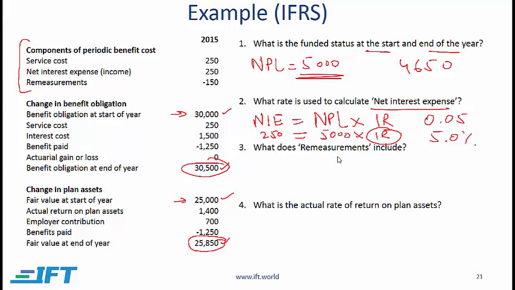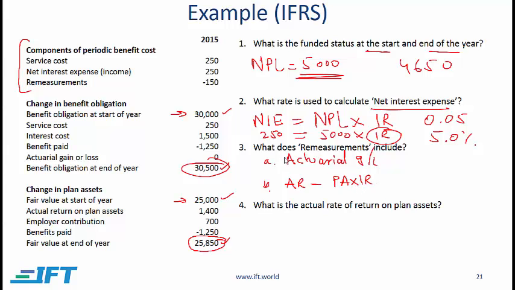What does remeasurements include? Now again, recall from our earlier discussion that remeasurements has two components. One component is the actuarial gains and losses. The other component is the actual return on plan assets minus the plan assets into the interest rate.